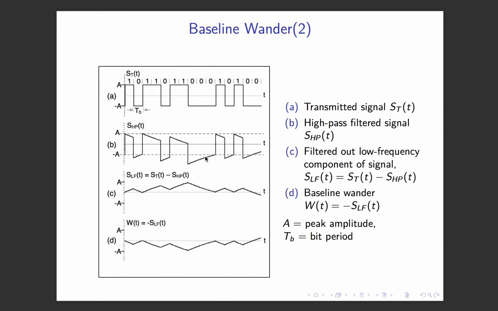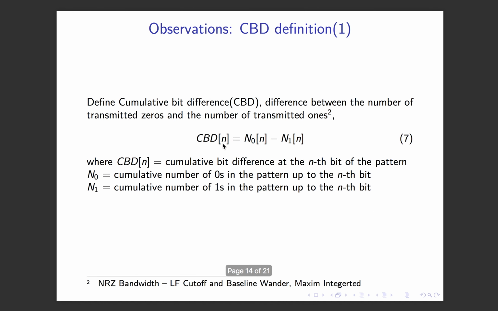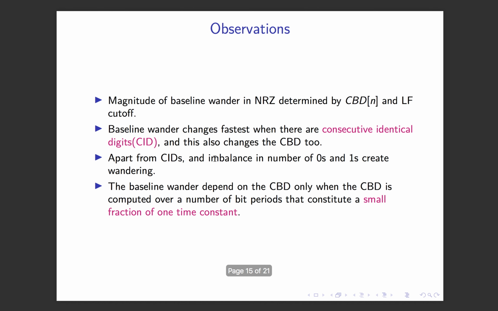It's clearly visible in the high pass component that whenever we get consecutive zeros, the amplitude increases, and whenever we get ones, it decreases. So baseline wandering changes fastest when there are consecutive identical digits.